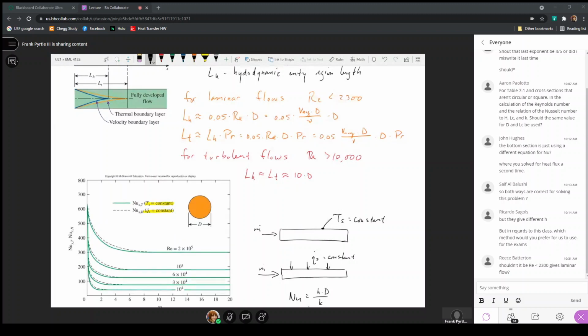These expressions would direct us to the particular correlations that we need to find h, the heat transfer coefficient, whether it be a local one or an average one along the length of the pipe. But the way that we use those expressions is based on a general thermal analysis, which is a consideration of what's actually happening inside of the pipe.